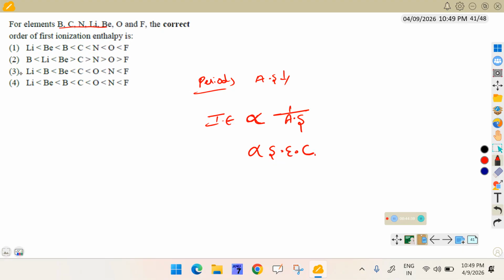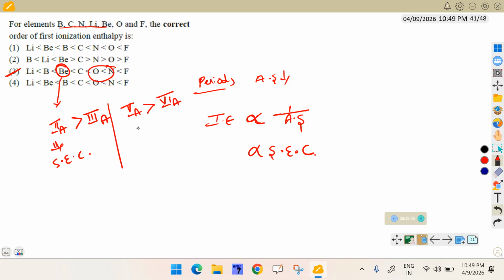So the correct option is the third option. Why is beryllium's electronic configuration stable? 2A group elements' first ionization enthalpy is more compared with 3A group elements because of stable electronic configuration. Even 5A group elements' first ionization enthalpy is more compared with 6A group elements because of stable electronic configuration.